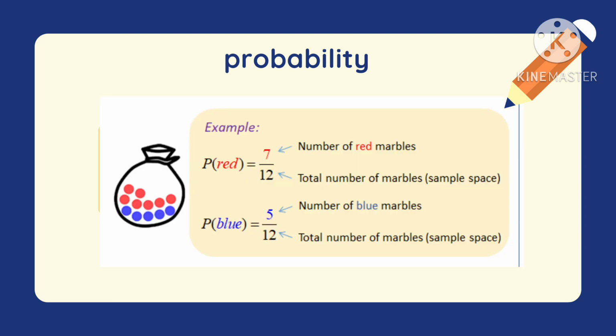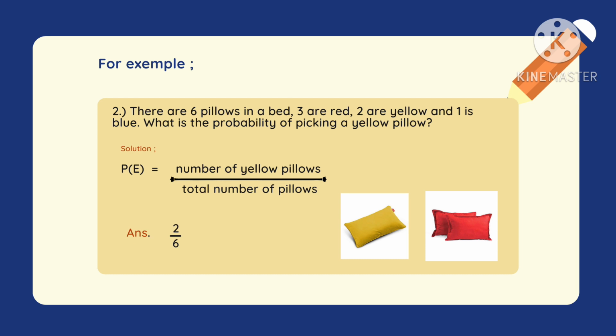Here is an example to make it easier for students to understand. Let's observe the red balls and the blue balls inside the bag. There are 12 balls in the bag. So 12 balls in the bag is the total number of the sample space. For example 2, there are 6 pillows on a bed. 3 are red, 2 are yellow, and 1 is blue.